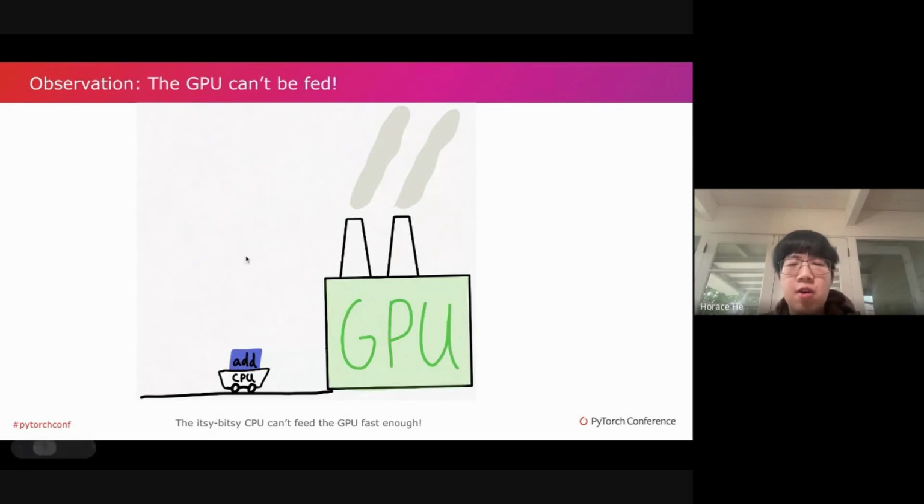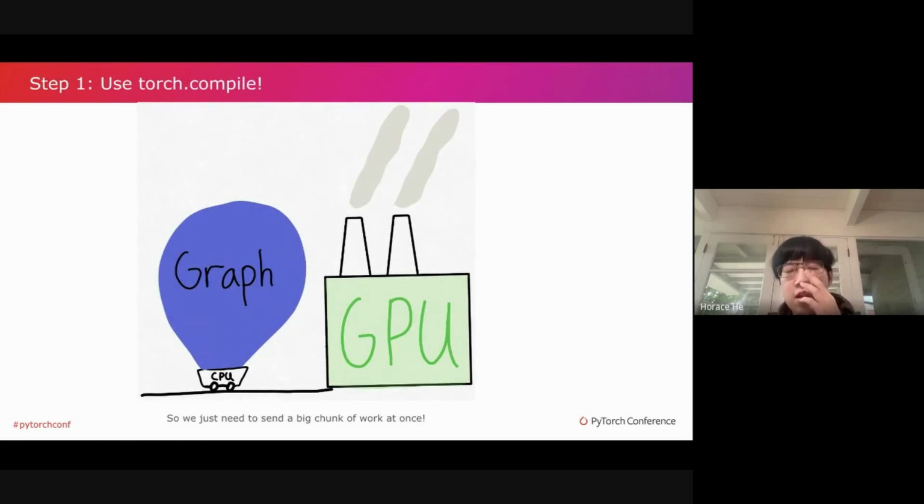That's why we've found ourselves in this situation where the CPU just is not able to keep up with the GPU in terms of scheduling instructions. If sending one instruction to the GPU just results in the GPU waiting for too long, then what can you do? The easiest solution is to send a big chunk of work at once.